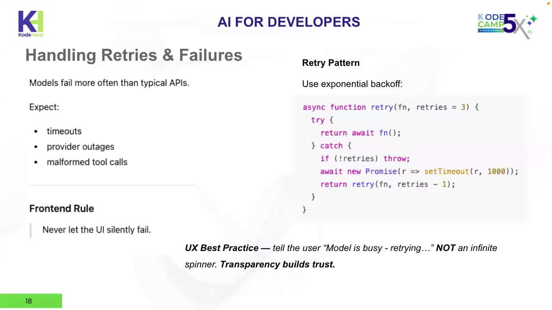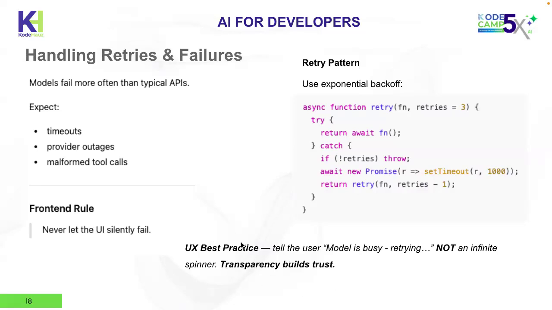Transparency is very critical. If you're not transparent, your users will lose trust in your app, and this is not something you want. So you should always be transparent, right? The best practice is tell the user something: the model is busy, I am retrying. But don't just give them an infinite spinning icon or something.